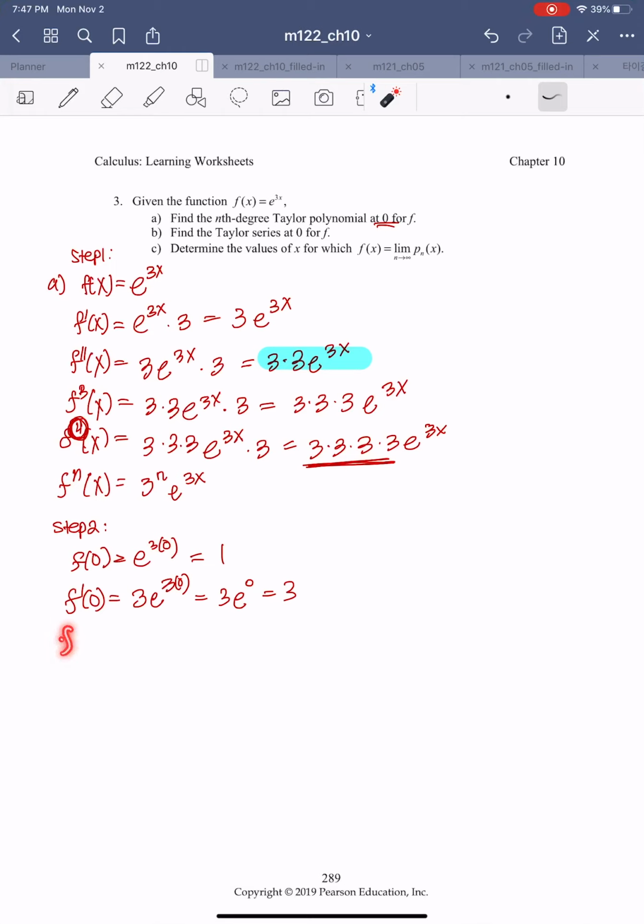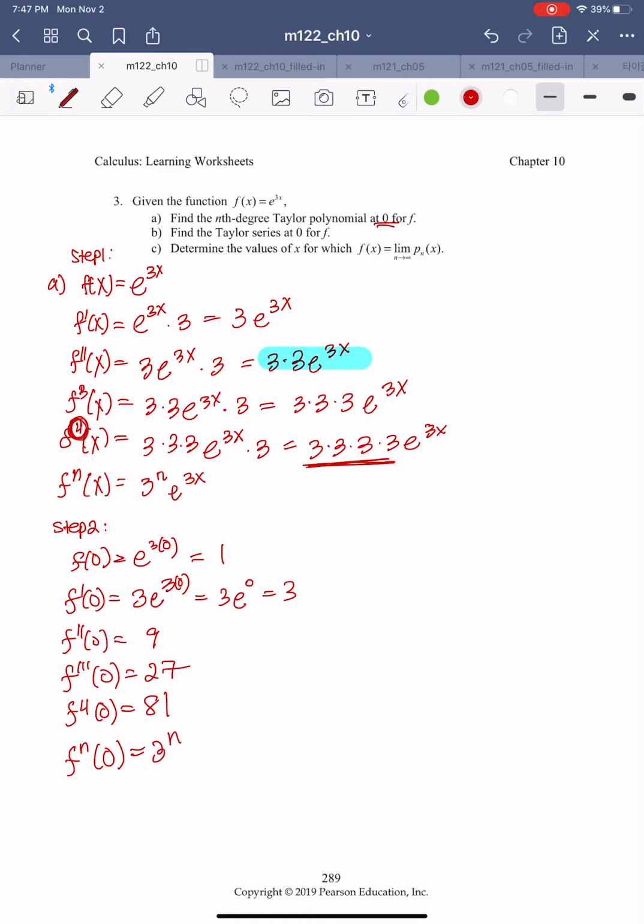So I'm not going to write it out, but the second derivative, if you plug in 0, I'm going to have just 9. The third derivative, I'm going to have 27. The fourth derivative, I'm going to have 81. So the nth derivative at 0 will be 3 to the n.